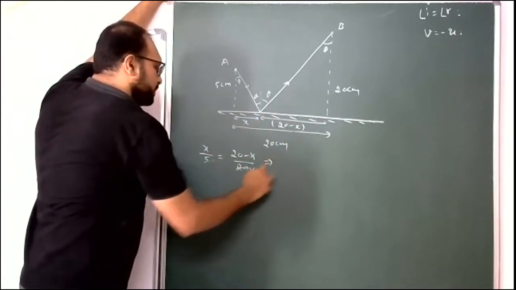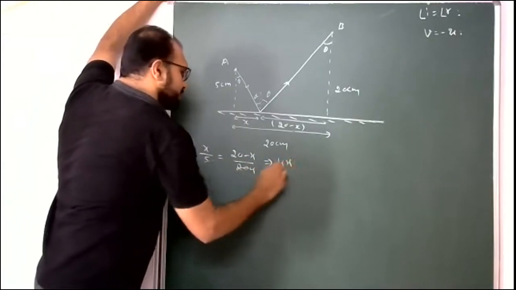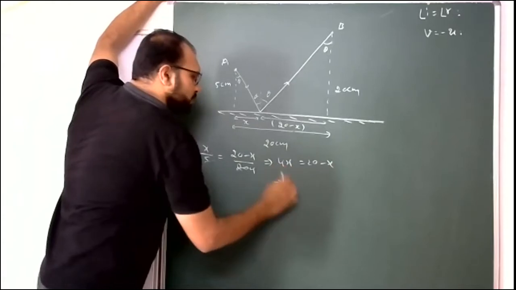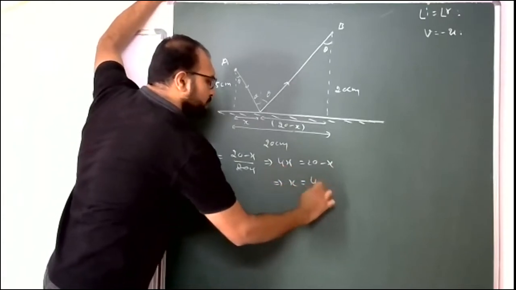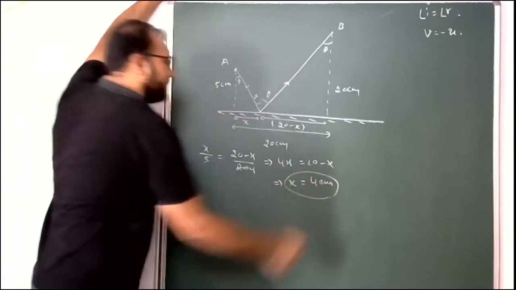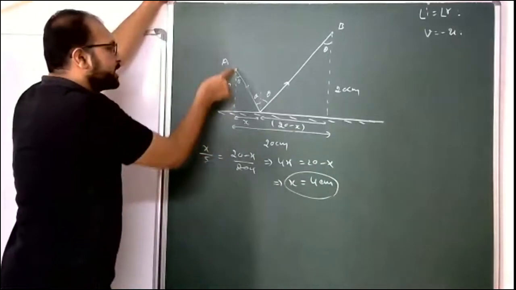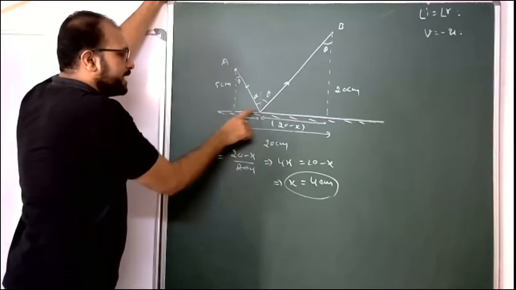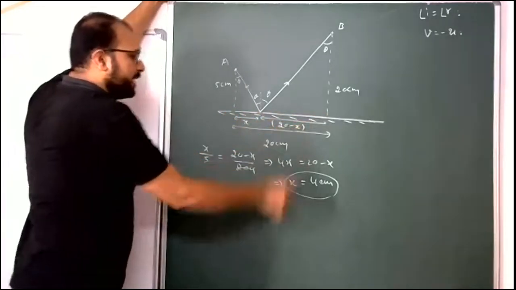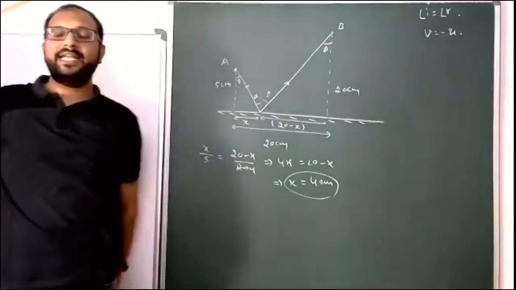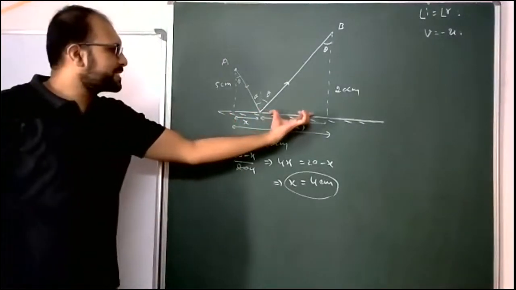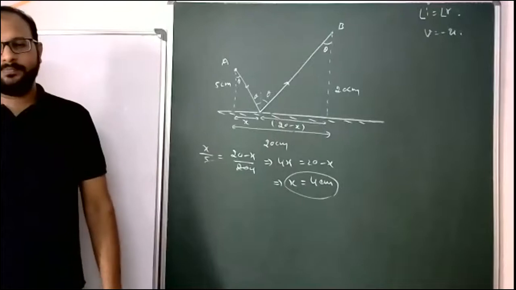5, 4x equals 20 minus x. So x equals 4 centimeter, means from the projection of A on the mirror, x equals 4 centimeters. So from here to here, students, 16 centimeter. So this is 4, this is 16 centimeter.